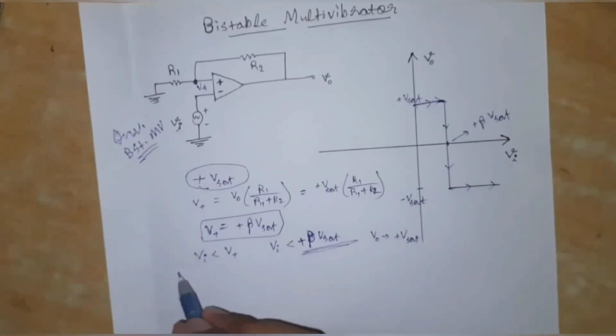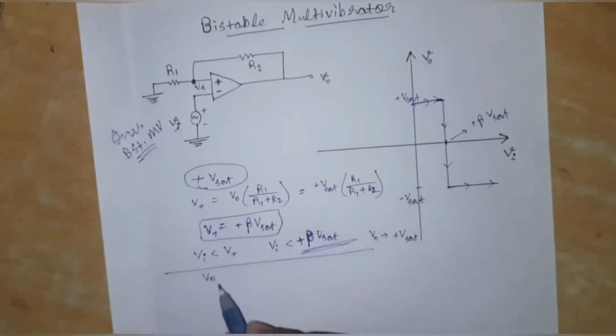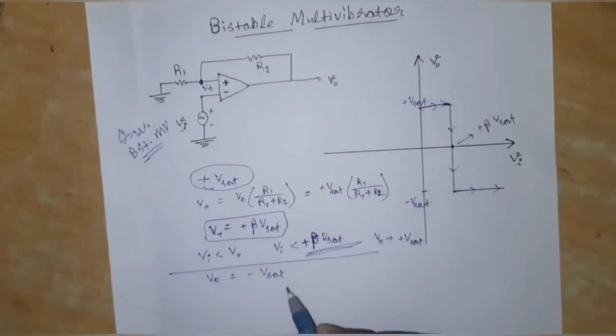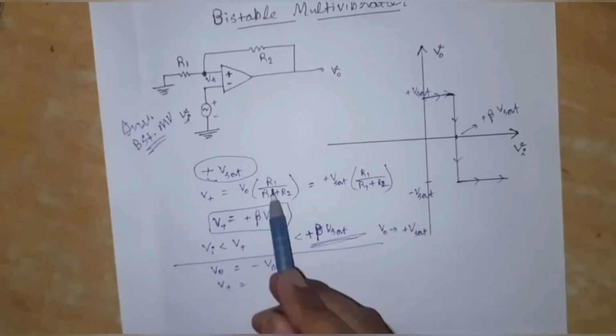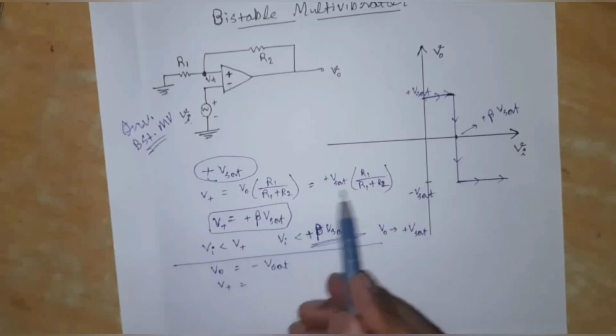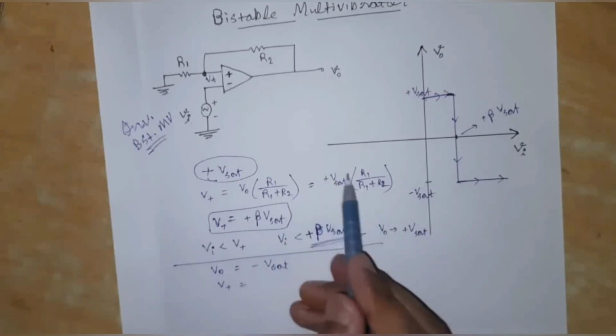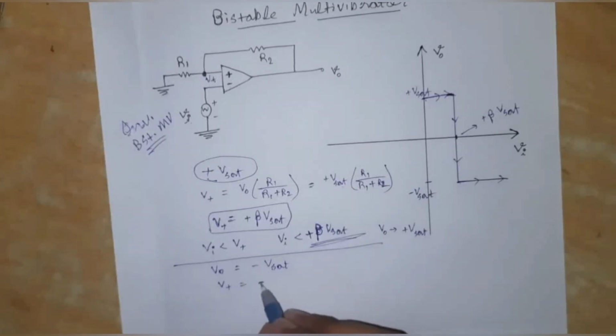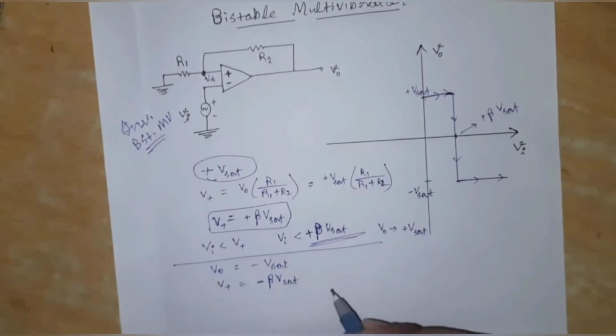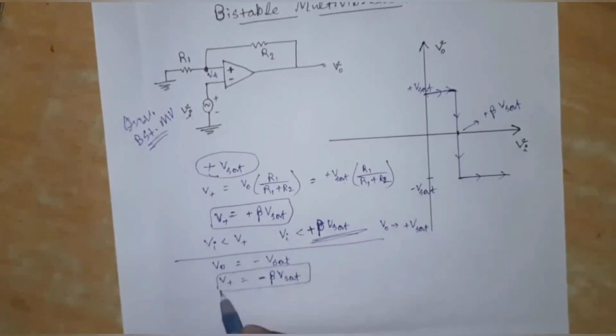Now the V output has become minus Vsat. Okay, so V plus would be given by V out R1 by R1 plus R2, that is beta, and in case of plus Vsat, now it will become minus Vsat, minus beta Vsat. Okay, so now what happens?